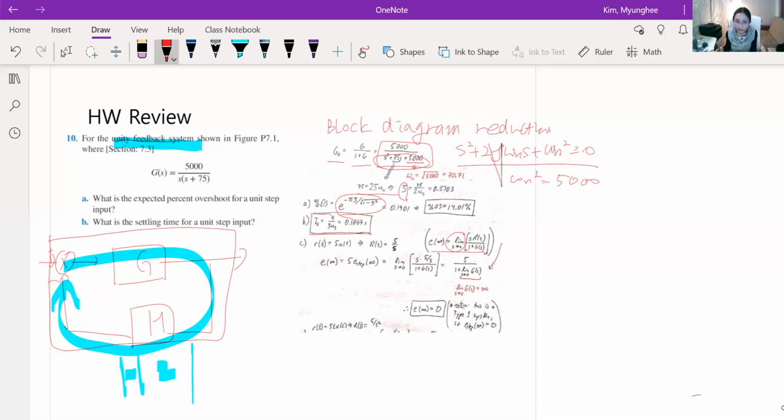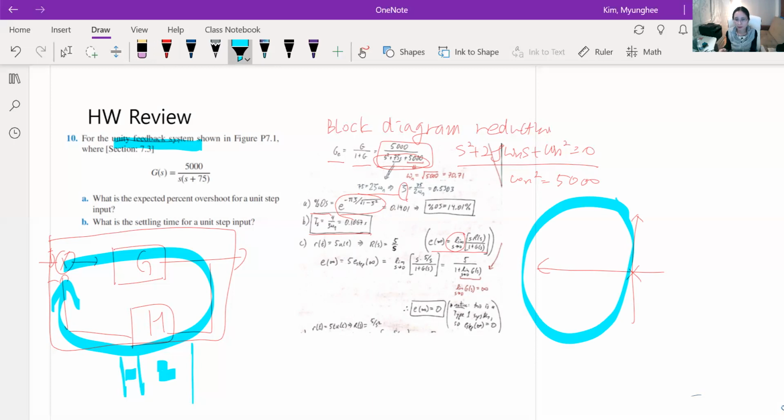And this works only if the system is stable. Otherwise, there can be only one pole located at 0 and the other poles should be located in the left half plane. Otherwise, the final value will not exist, and you can't apply the final value theorem.